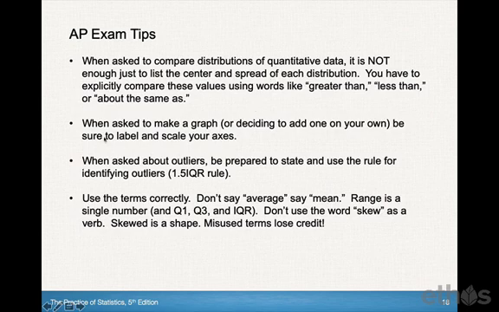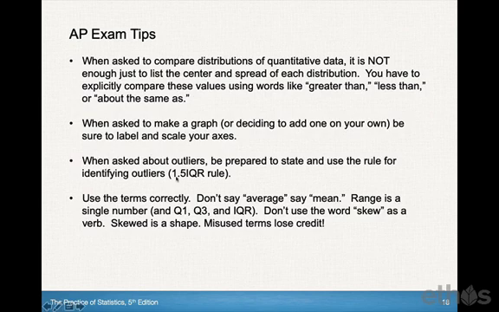All right. Again, label and scale all axes, or you won't get credit for doing the plot at all. And since they're fairly time consuming, you don't want to lose credit for that. When you're asked about outliers and you're given the entire data set, you are expected to calculate the outliers. I would use the box plot in your calculator to do that for you.